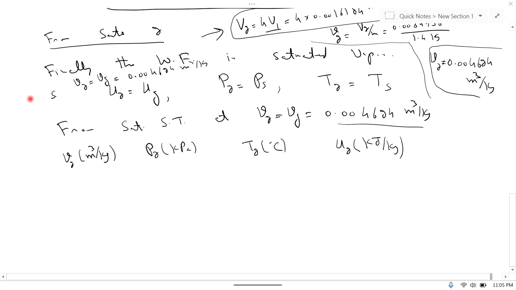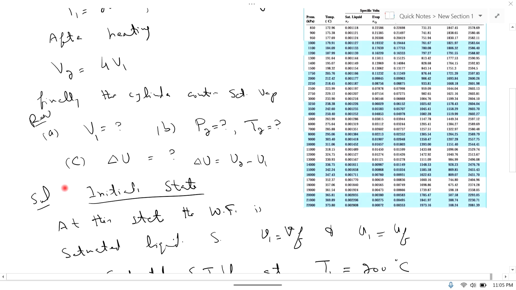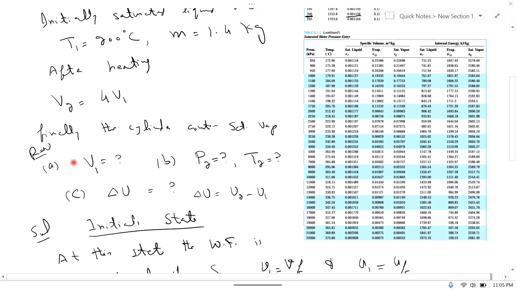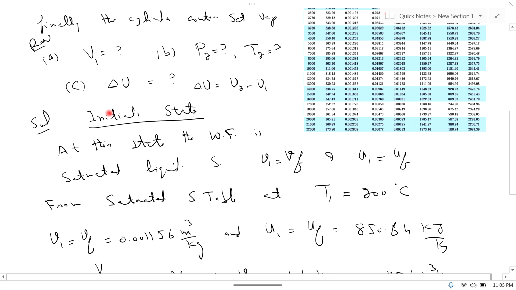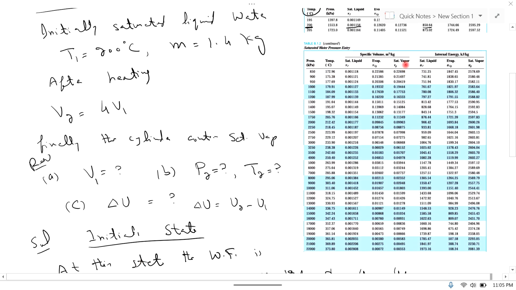Let me check this volume in the table. This volume is 0.004624, and this is Vg.